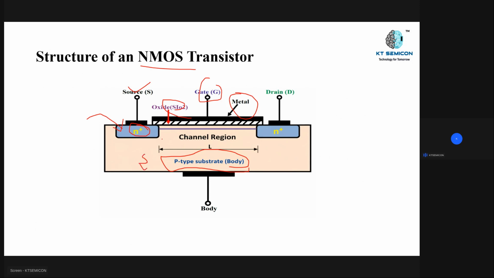Three different layers: gate, oxide, and substrate. After that, we have another terminal as drain. In between, we have one channel region. The channel is created whenever we apply a gate voltage more than the threshold voltage, and then there is a formation of channel between the source and drain. We also have another terminal, the bulk terminal. This is the basic structure of an NMOS transistor.